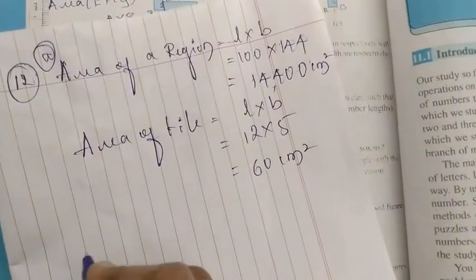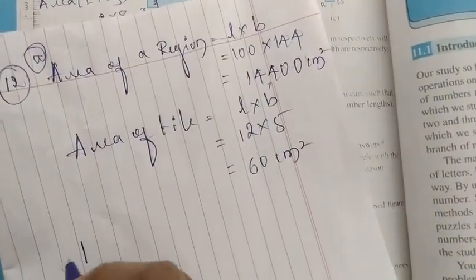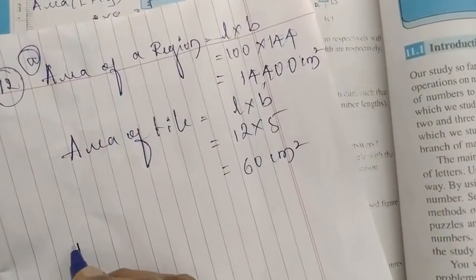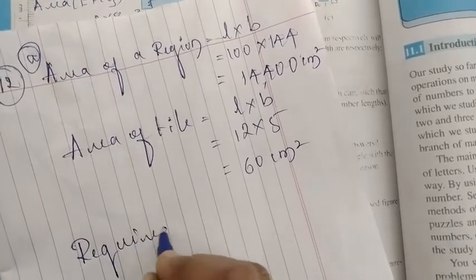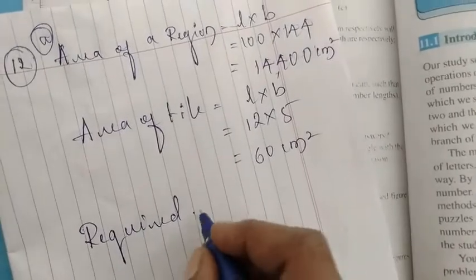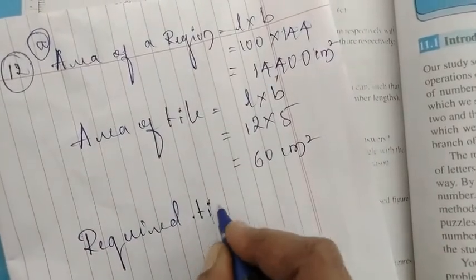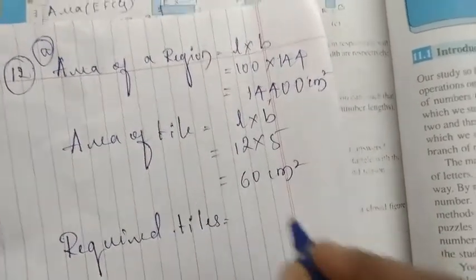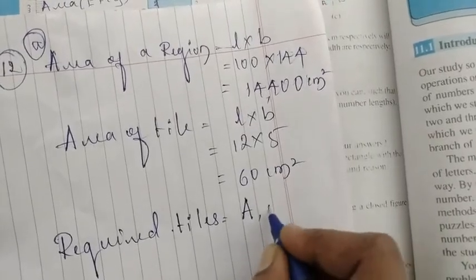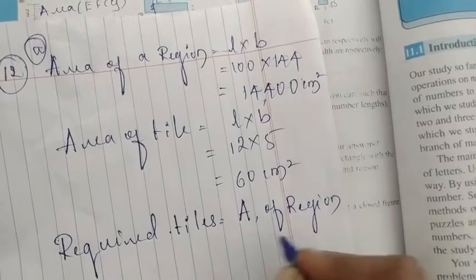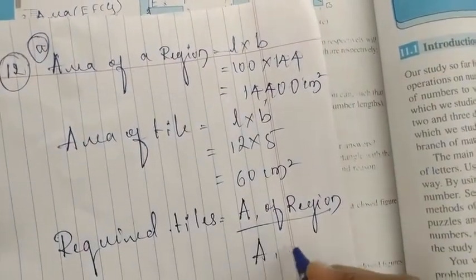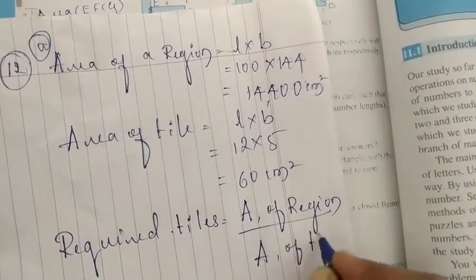Okay, next. Required tiles equal to area of region divided by area of tile.